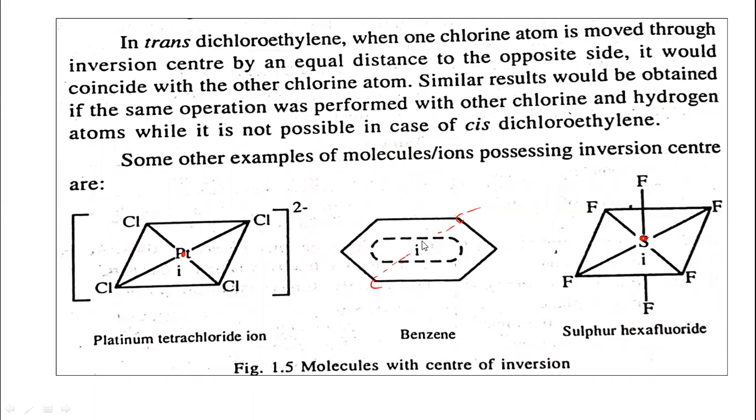This benzene molecule has the center of symmetry. Sulfur hexachloride molecule has the center of symmetry. So the molecule has the center of symmetry when we move to the opposite side diagonally. If the same atom lies there, then the molecule possesses center of symmetry or inversion center.